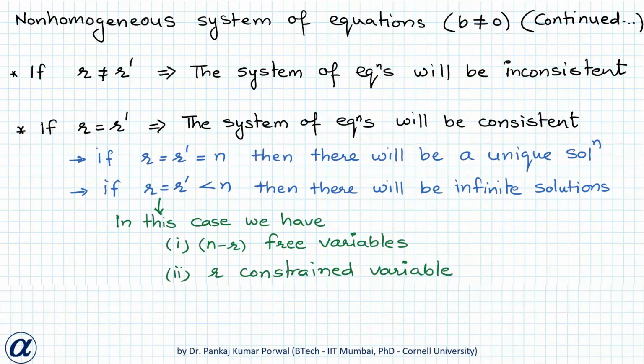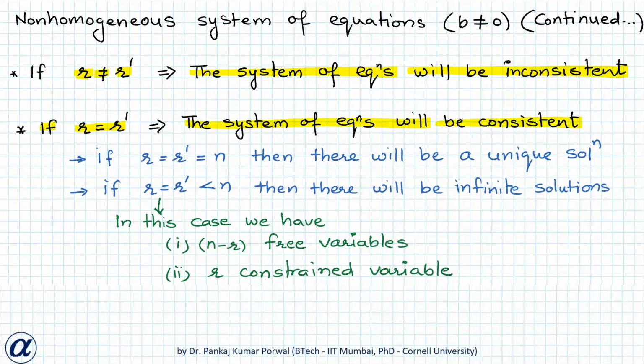Now if R, that is the rank of the coefficient matrix, is not equal to R prime, that is the rank of the augmented matrix, then the system of equations will be inconsistent, meaning no solution will exist. And if R is equal to R prime, then the system of equations will be consistent.